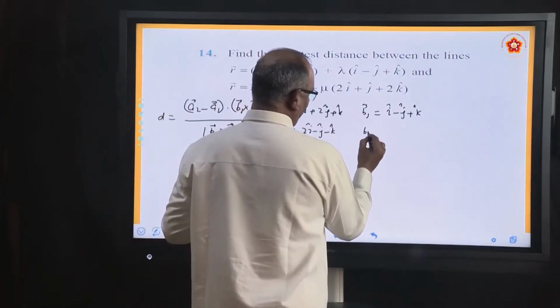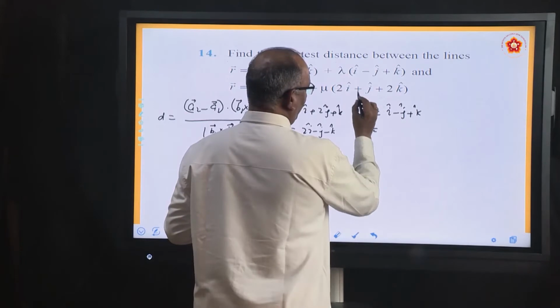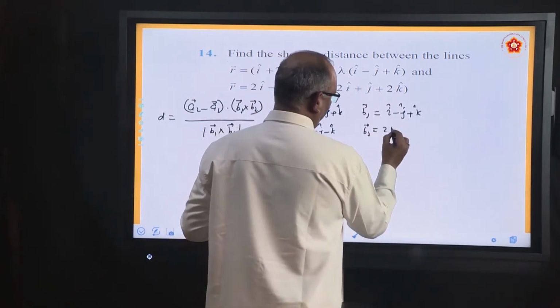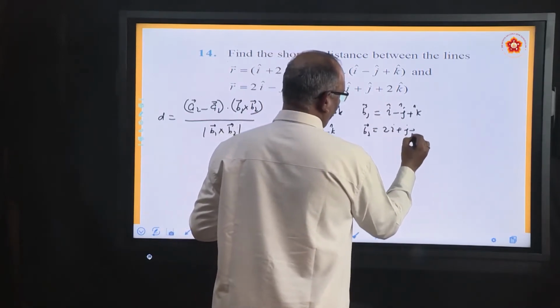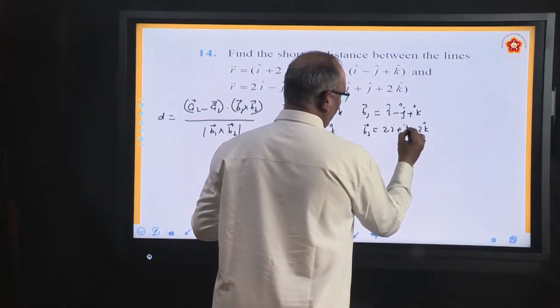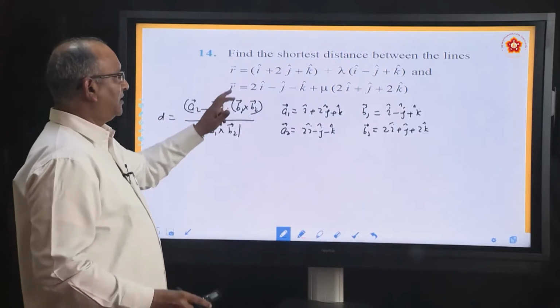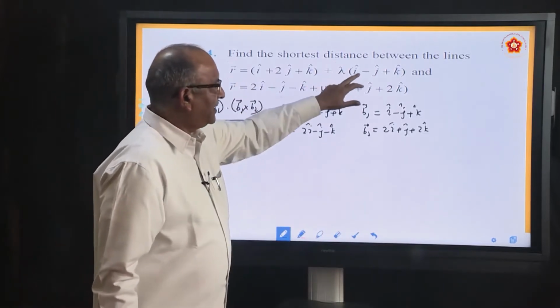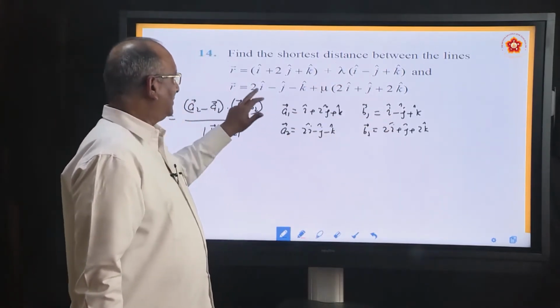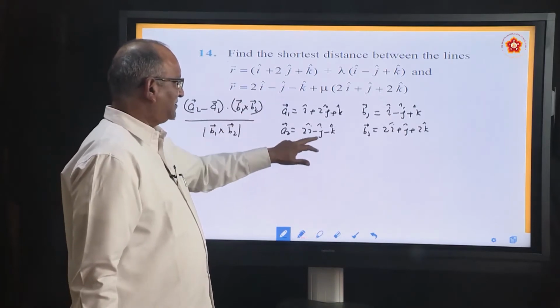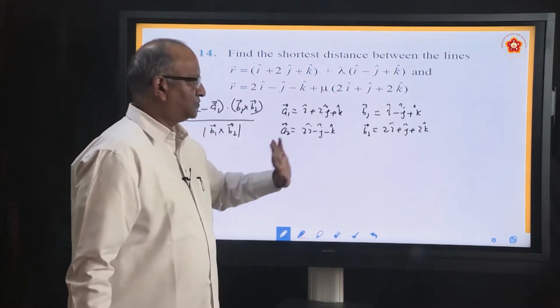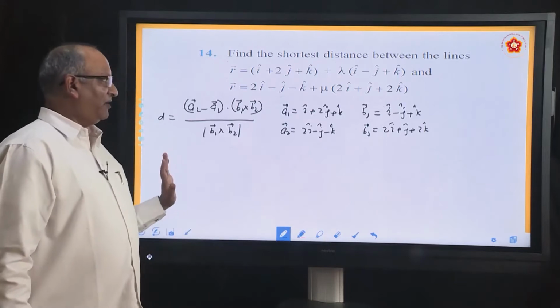B2 is 2, 1, 2. Once you check: 1, 2, 1; 1, minus 1, 1; then 2, minus 1, minus 1; and 2, 1, 2. All the things we have found out.